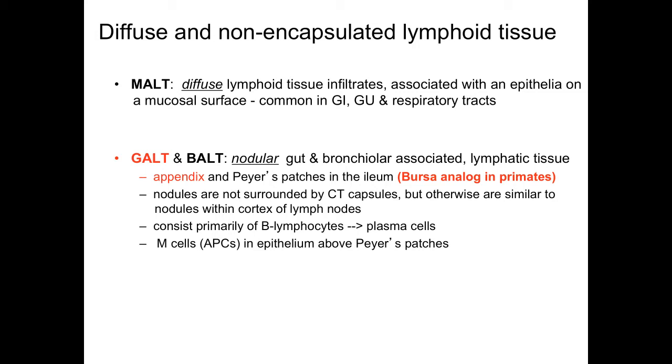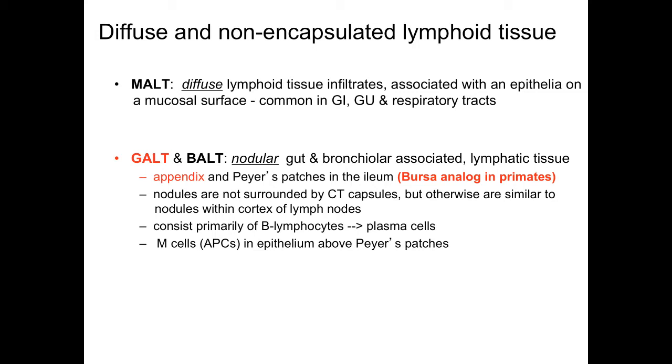The nodules in this gut-associated and bronchiola-associated lymphatic tissue are not surrounded by a connective tissue capsule. Otherwise, the nodules are very similar to the nodules found within the cortex of lymph nodes. The nodules contain primarily B lymphocytes, which will differentiate into plasma cells and B memory cells.